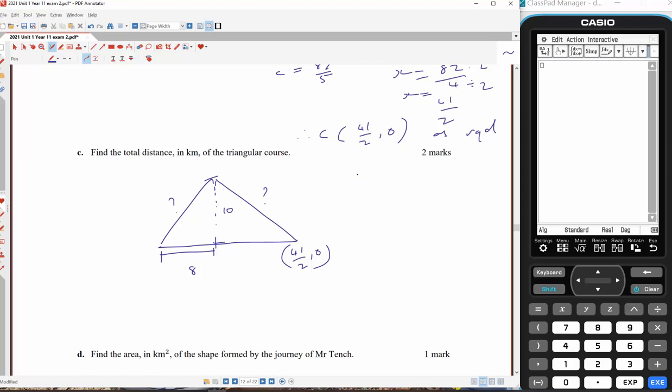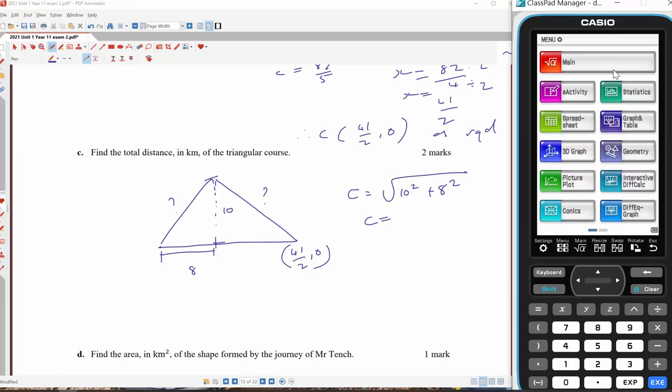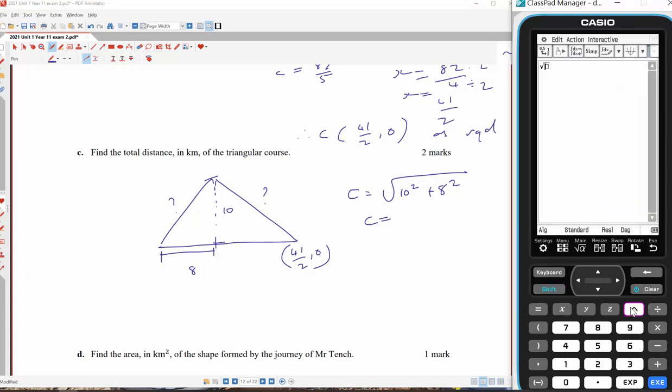So this is going to be Pythagoras. So the hypotenuse is 10 squared plus 8 squared, root 41. So that must be 2 root 41.